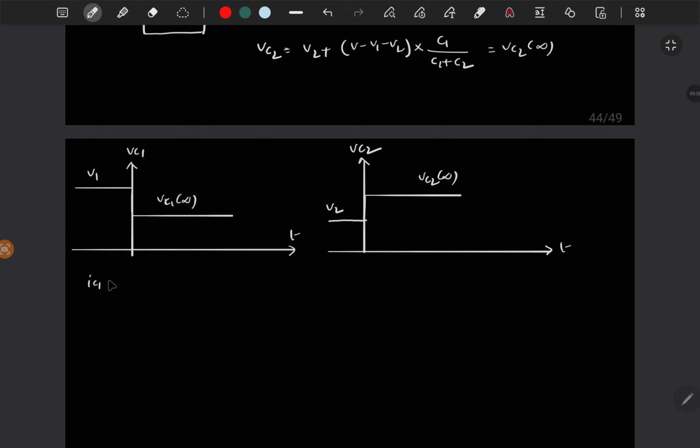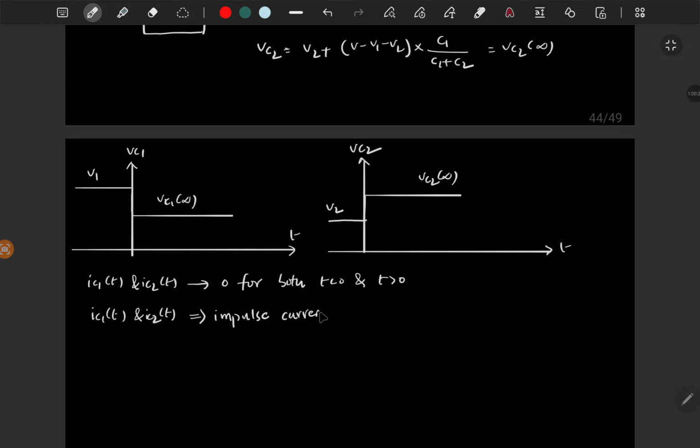So IC1 of t and IC2 of t are 0 for both t less than 0 and t greater than 0. But IC1 of t and IC2 of t are having impulse current at t is equal to 0.